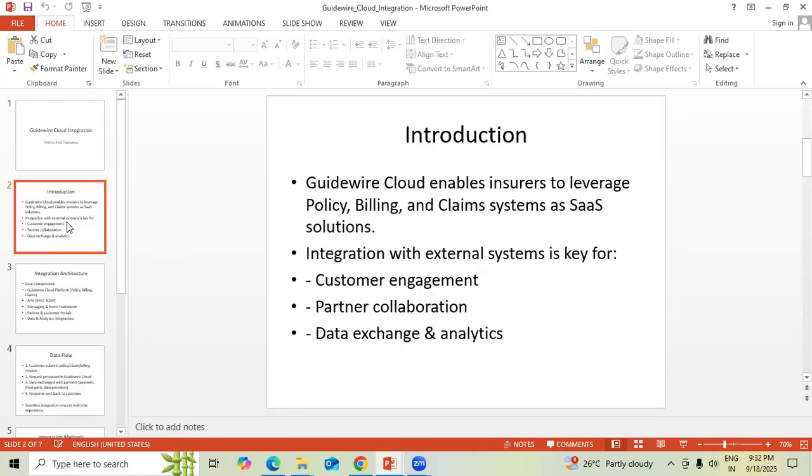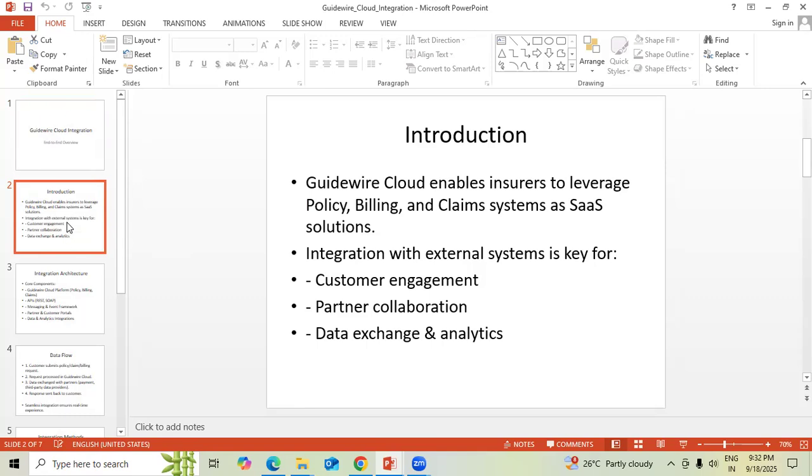First, we must know about the integration of Guidewire Cloud, because earlier we had on-premise services, the on-premise legacy application Guidewire we have been using for a very long time. Even now, we are using Guidewire on-premise.